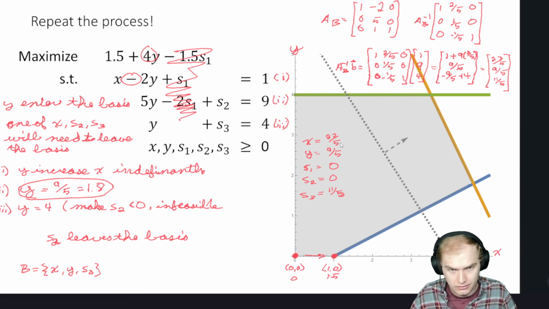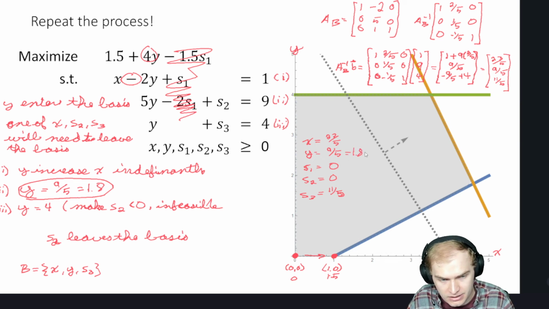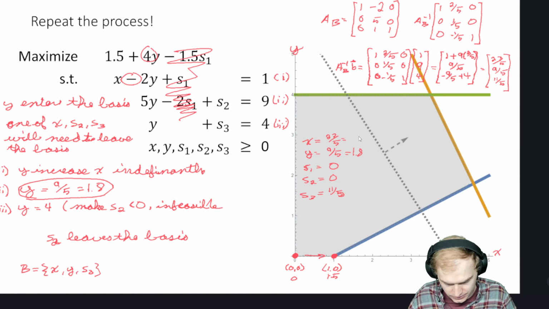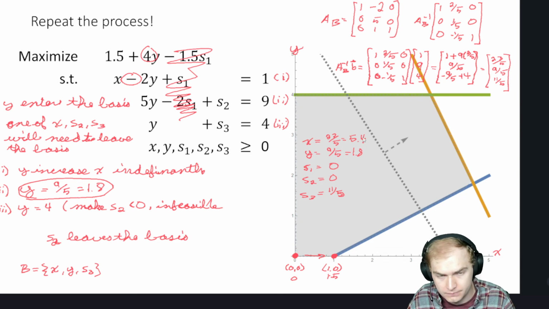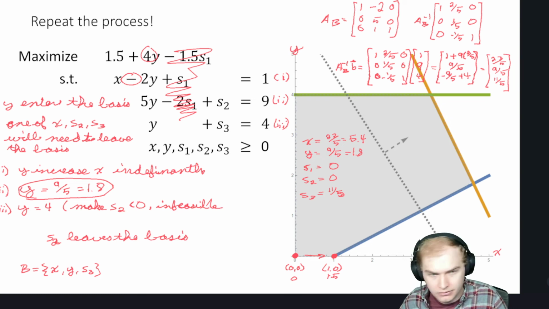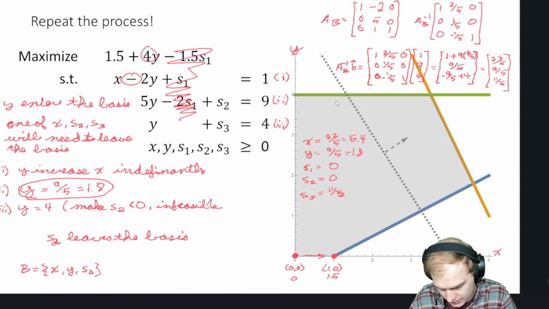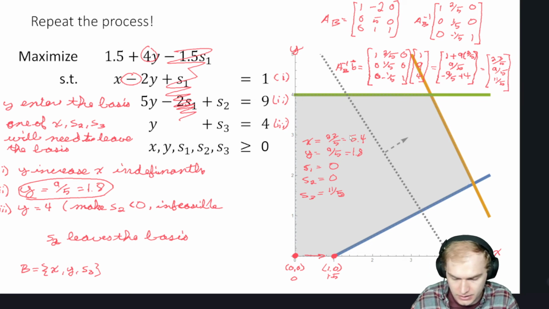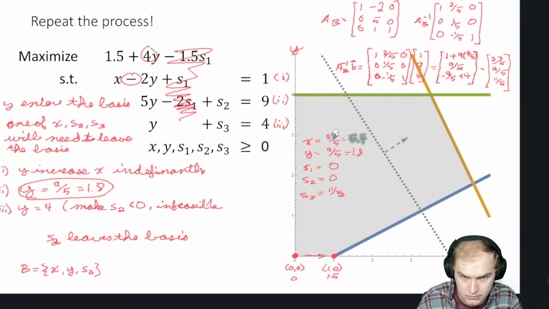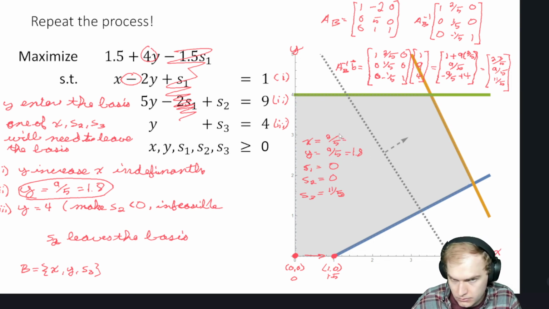Let me get the numbers. y is 1.8, and x, 23 divided by 5, is actually 4.6.